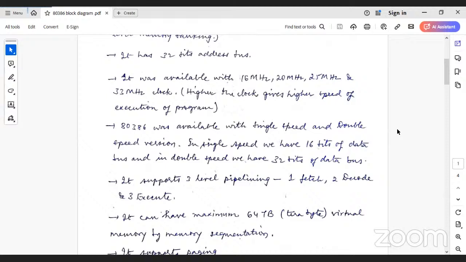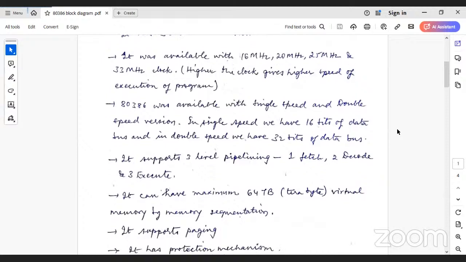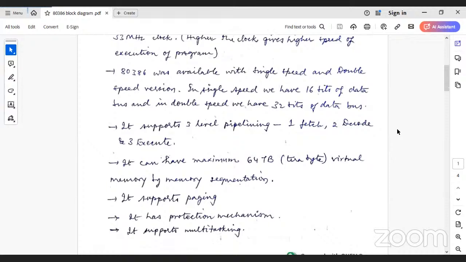Code memory, stack memory. So all those segments which you had, that is nothing but memory segmentation. Now, three features which were very important with 386: it supports paging. Because of the memory segmentation feature, it was able to support paging.